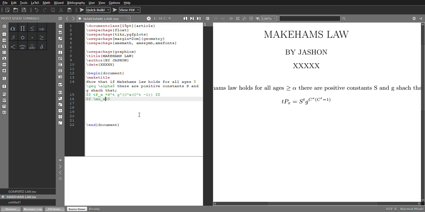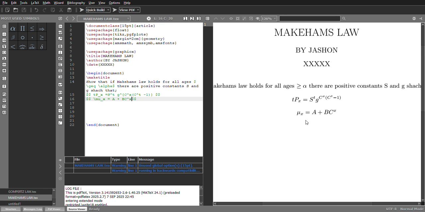The force of mortality mu x in Makeham's law is always given by a constant A, plus a constant B multiplied by c raised to x. So this is the force of mortality.